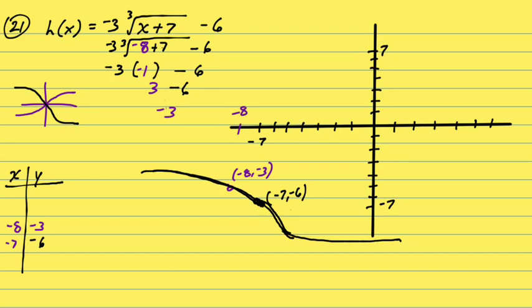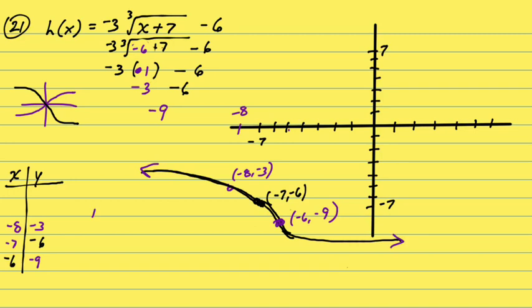Now, what if I put in something like a -6? If you put in a -6, what do you get? Well, -6 plus 7 is a 1. What's the third root of 1? 1. 1 times -3 is -3, and -3 minus 6 is -9. So -6, -9. Anyway, it's going to look like this. I could put in more numbers.